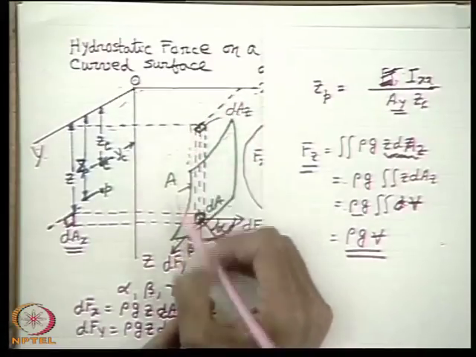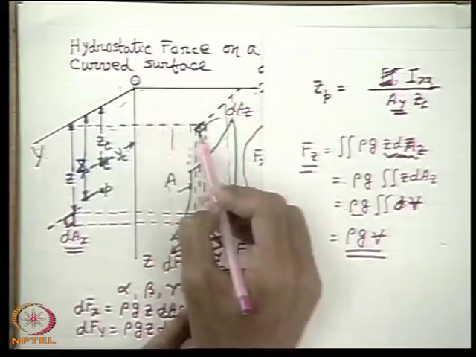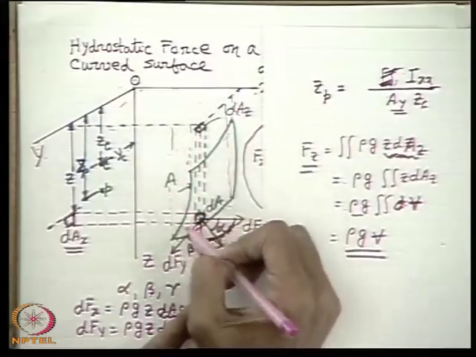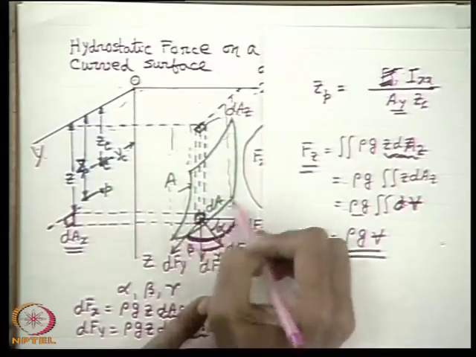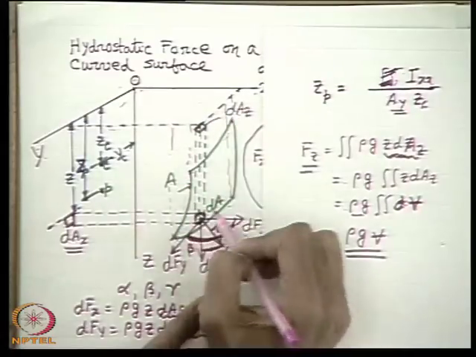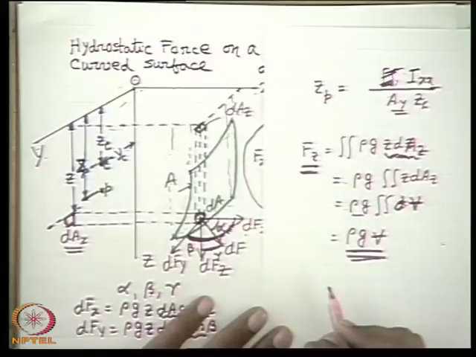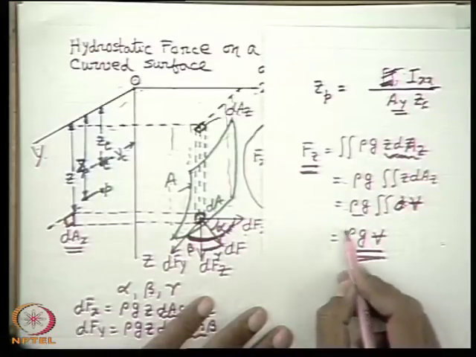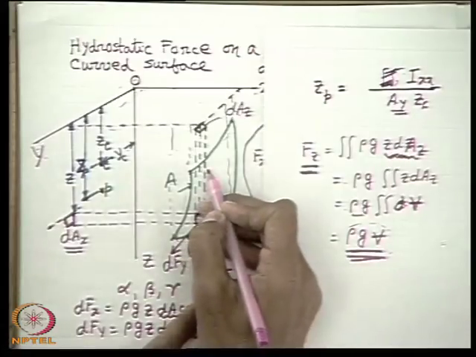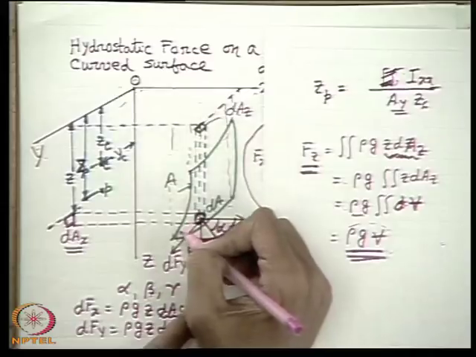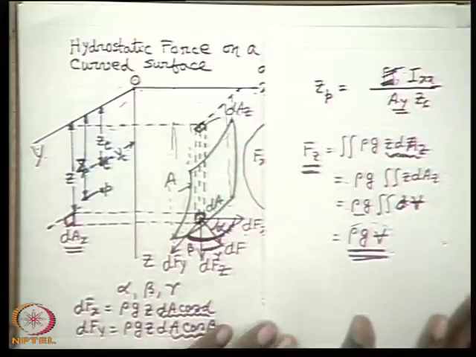That means if we make vertical projections from these surfaces up to the free surface, then the weight of the bulk of liquid contained within this vertical projection, from the curved surface to the free surface, is equal to the z component of the hydrostatic force. The point of action of this force is through the center of volume of this bulk of fluid, which is contained vertically above the surface up to the free surface. And it is a little complicated to find out the point of application.